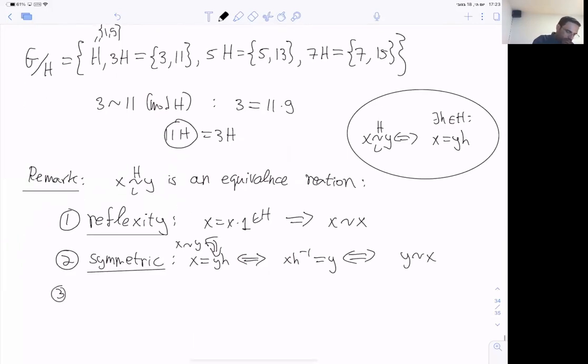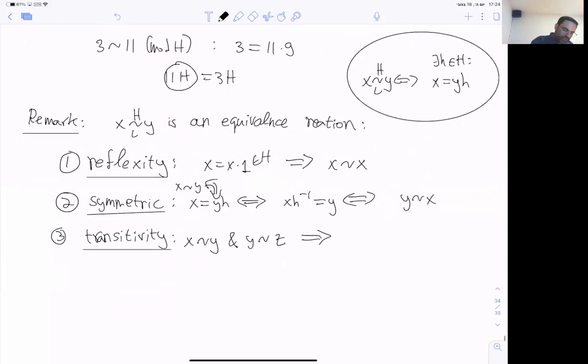And transitivity: if x is related to y and y to z, this means that x is equal to some yh1 and y is equal to some zh2.